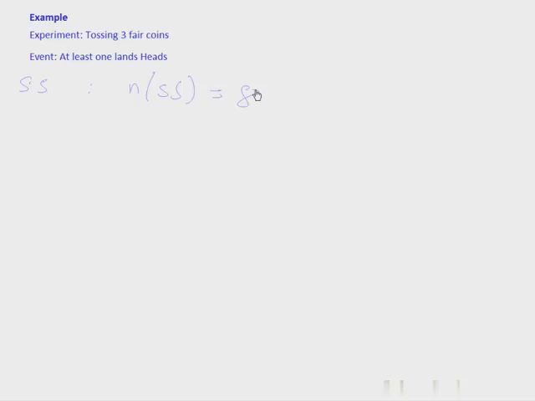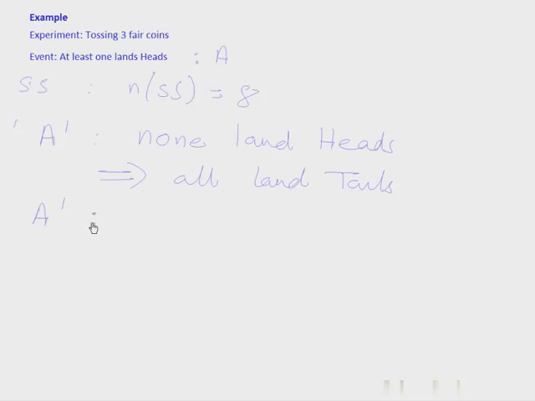So let's look at the complement of the event. So let's call this event A. And I look at the complement of A, which is none land heads, which is another way of saying all land tails. So how many outcomes are there in event A dash? There's just one outcome, all tails.